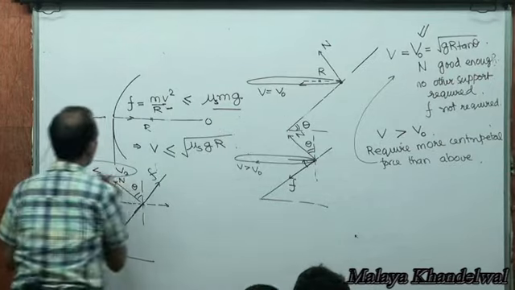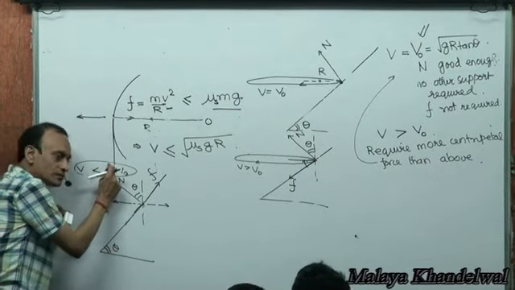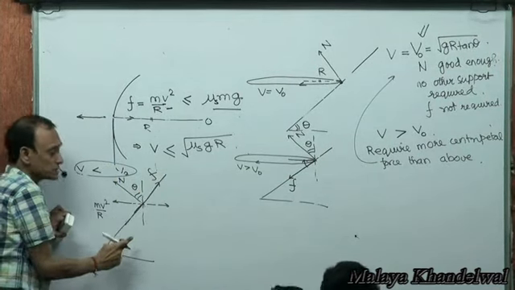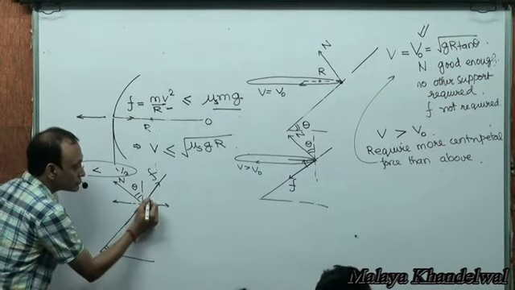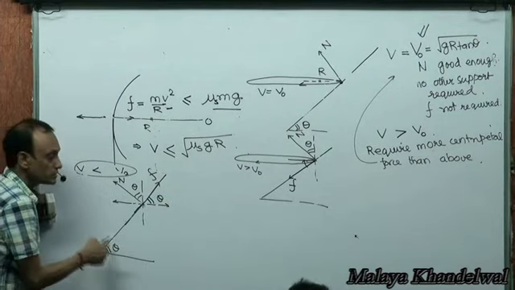So suppose V is less than V naught. V is less than root gr tan theta. Friction, realize, is going to act like this, right? And this is theta, so this will be theta, corresponding angles, right?